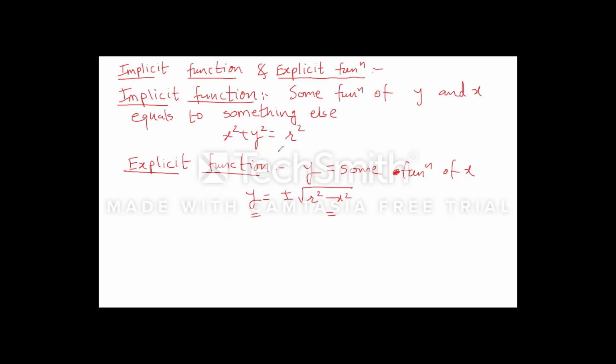So today we are going to discuss how to find the differentiation of an implicit function. Let's discuss how to do implicit differentiation. Here you have to remember three steps.